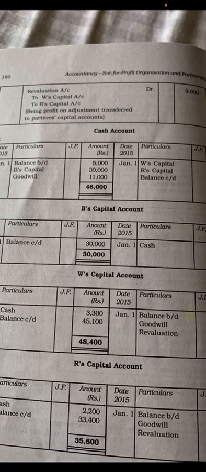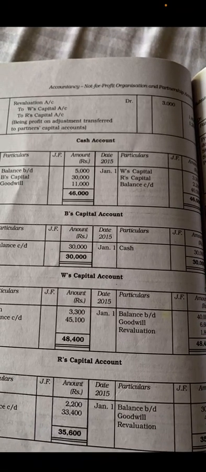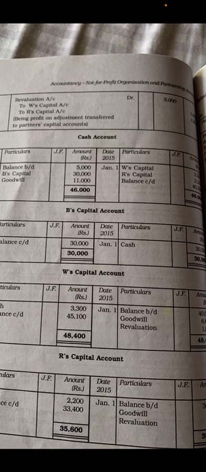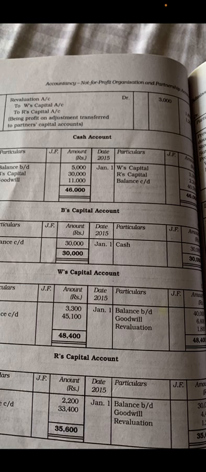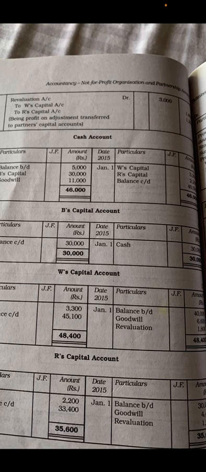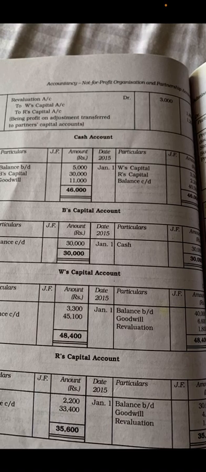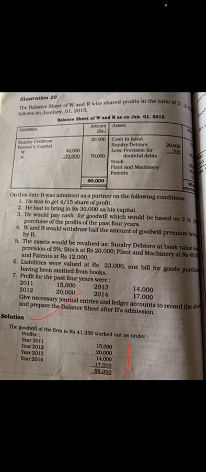So revaluation account debited to W's capital account and R's capital account. From 3,000 you'll be transferring 3,000 into 3 divided by 5 and 3,000 into 2 divided by 5. So the amount transferred to W's capital account is 1,800 and R's capital account is 1,200. So we have done with the journal entries.